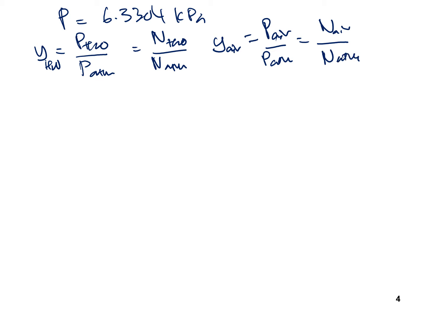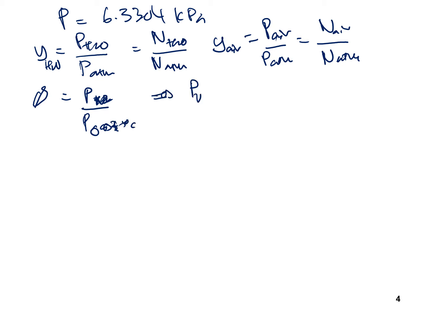So the information we know: relative humidity is equal to P H2O, or PV, over PG at a temperature of 37 degrees Celsius.